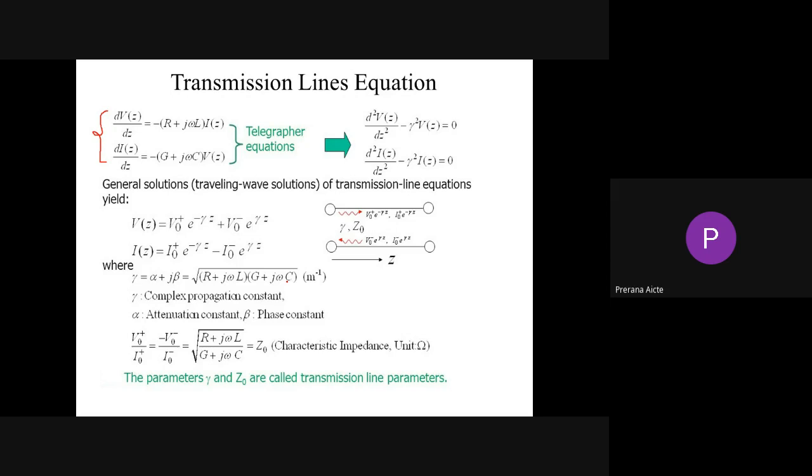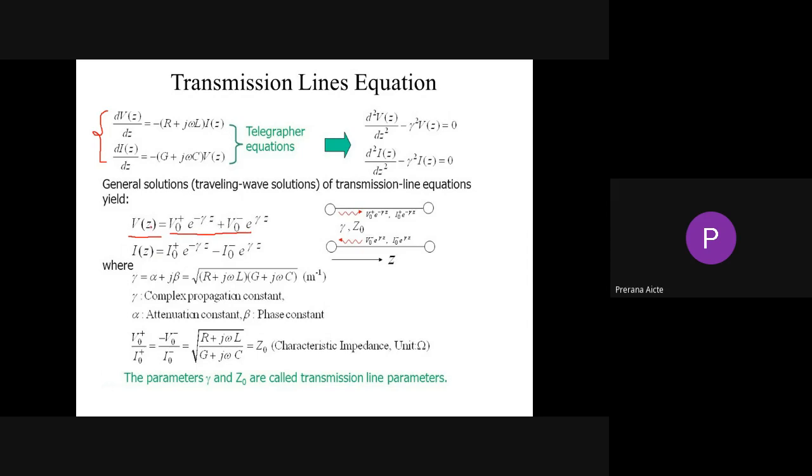Now, while dividing V(z) by I(z), the voltage and current can be written in terms of exponential forms.